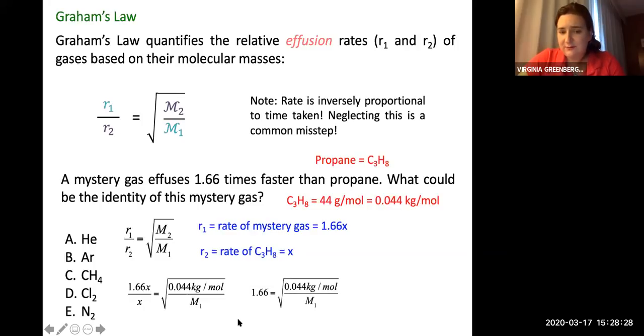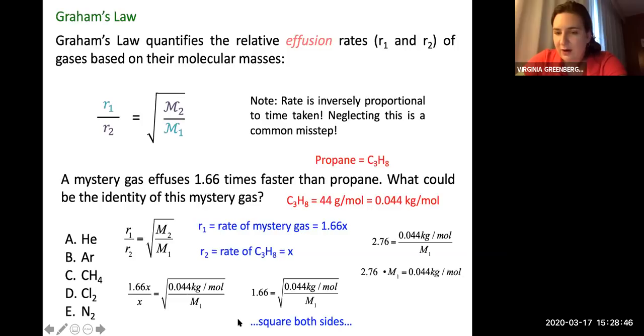Our X's cancel. And so then to solve for M1, what we'll have to do is square both sides to cancel out the square root. And then we can multiply our M1 over and divide by that 2.76.